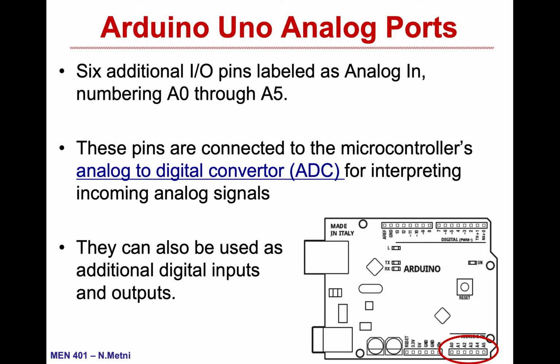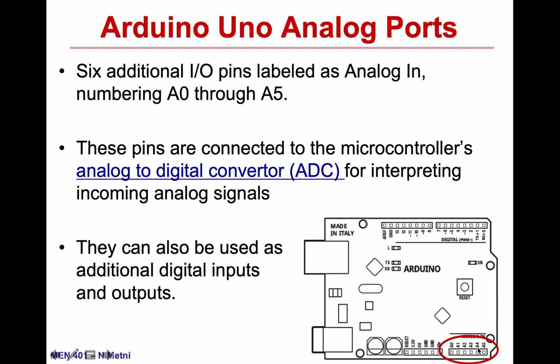The analog pins here, A0 to A5, as I told you in the first lecture, are internally connected to an analog to digital converter in order to convert the signal digitally. But why am I explaining this here in the digital input output lecture?